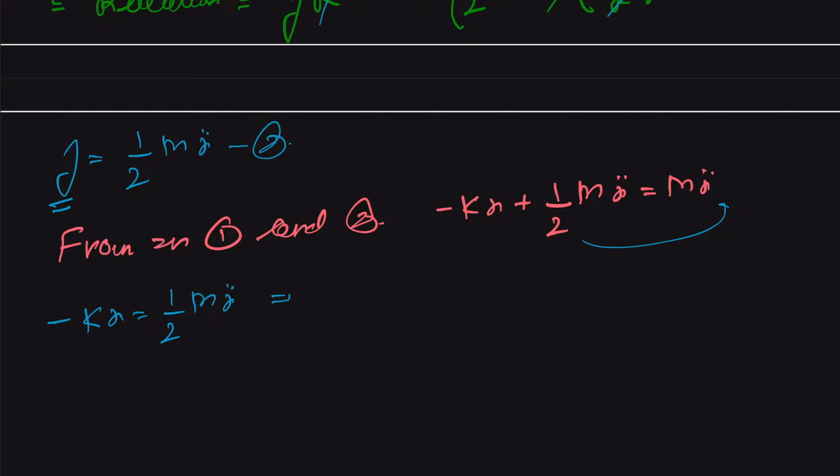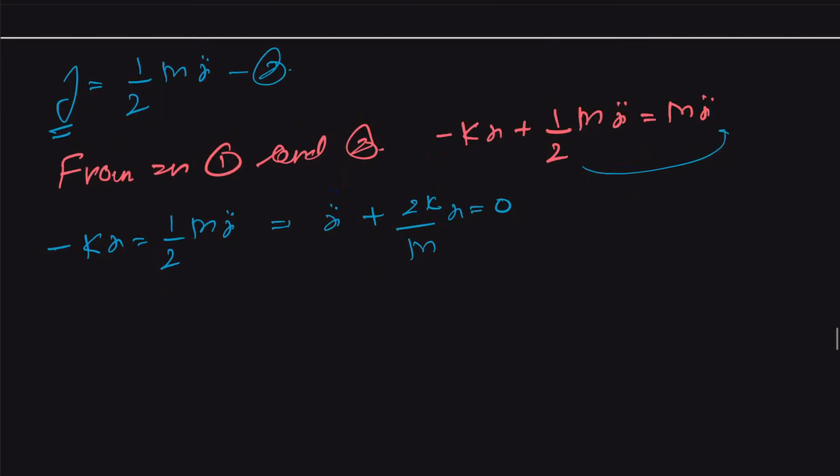We can write this in a standard format, that is x double derivative plus 2k upon m times x is equal to 0. And this is nothing but the standard equation for SHM, x double derivative plus omega square x is equal to 0.